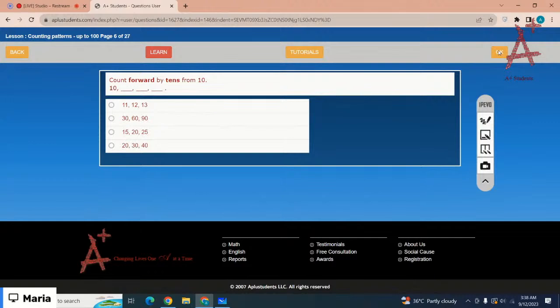So which is the correct option? Yes, it is, but this is not option number 1. It's the last one: 20, 30, and 40.